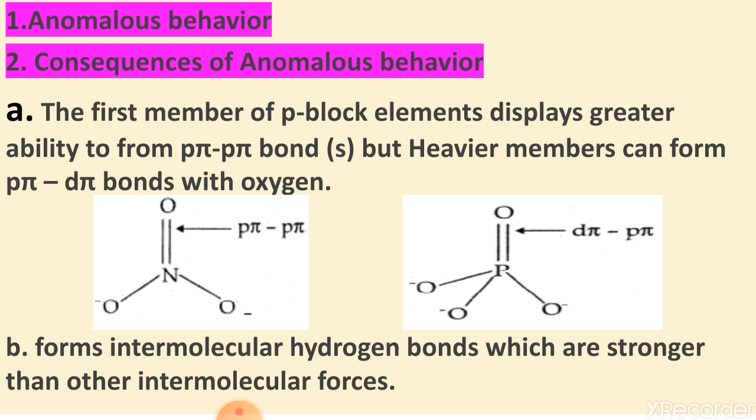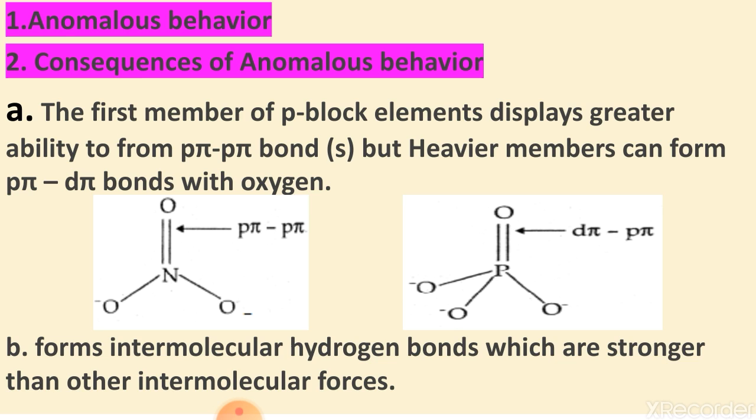Then one more consequence is formation of intermolecular hydrogen bonding, which is stronger than other intermolecular forces. So dear students, due to small size and high electronegativity, and also due to presence of lone pair of electrons on the elements nitrogen, oxygen, fluorine, these elements when bonded to the hydrogen atom form intermolecular H bonding.